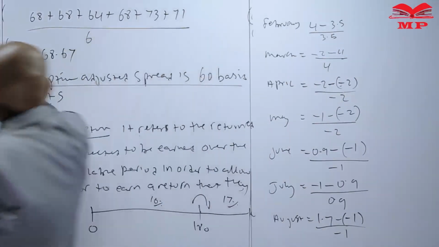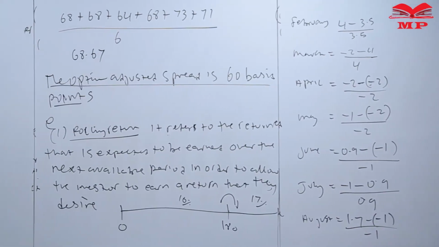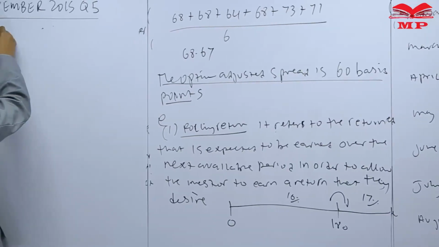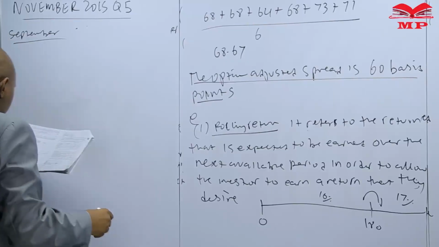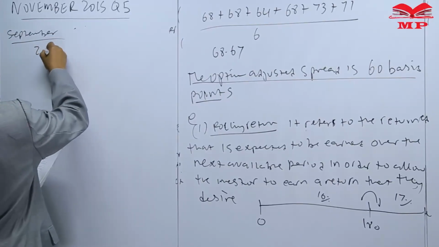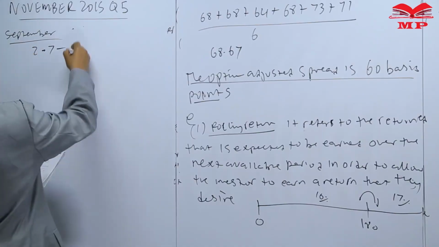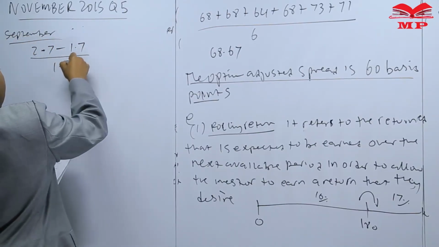Then we can continue. September, we are going to have 2.7 minus 1.7 over 1.7.